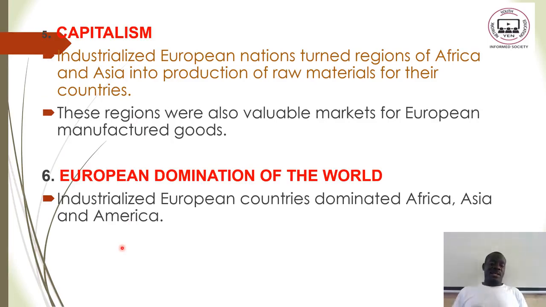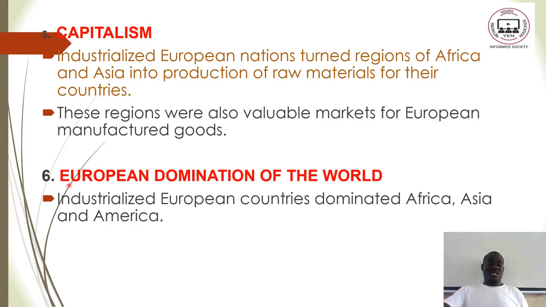In that way, those areas also became the areas where they sold their goods, as we have stated on capitalism. So other continents were dominated by Europe. Those European countries that had industries were busy dominating Africa, Asia, as well as America. So the world was dominated by Europe.